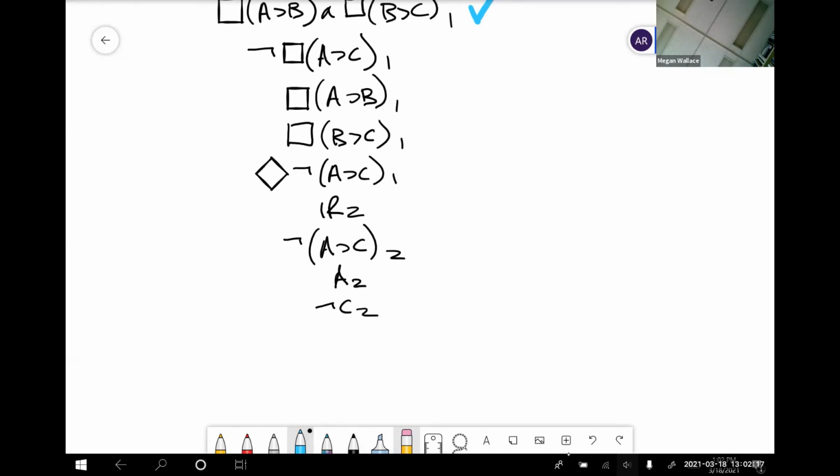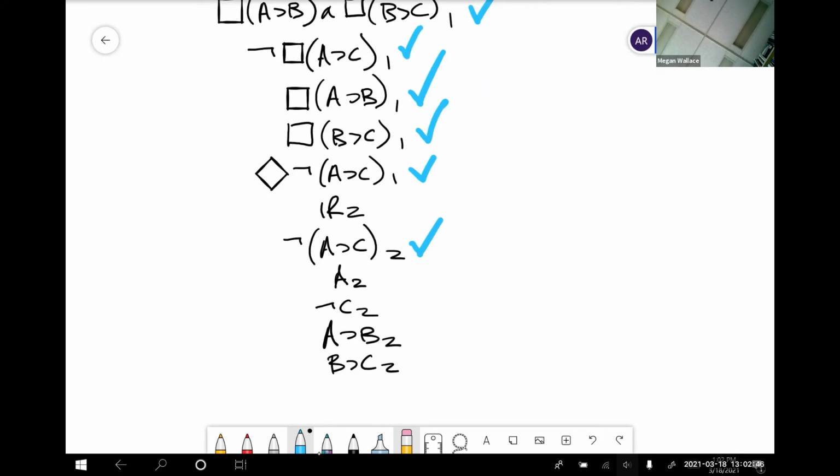All I'm doing there is taking this one and applying it. I've done that. All right, from there, we can then look at these claims right here, which are box claims. And since we know that 1 is related to 2, we know those claims within the scope of the box are true at 2. So we get A, then B is true at 2, and B, then C is also true at 2. And that's because I've done this one and this one.